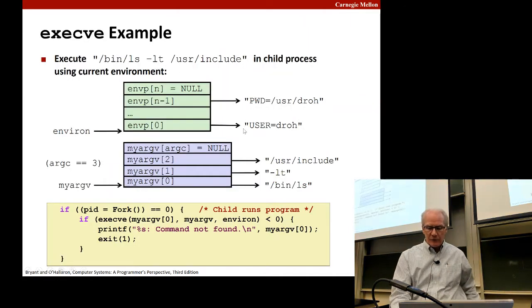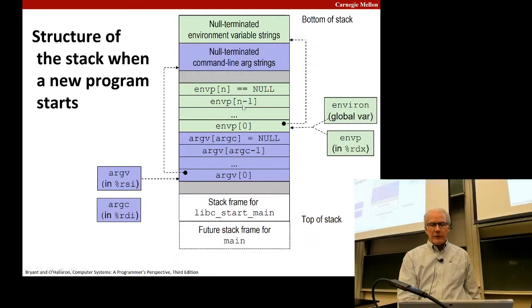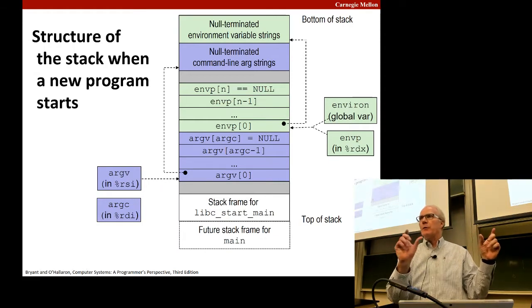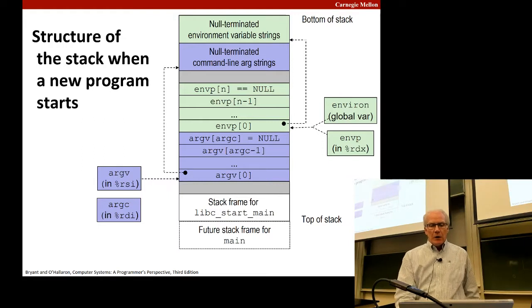It's not the characters themselves. And same with the environment, it's a null terminated list of environment values, each of which is a string giving the name of the environment variable and its value.